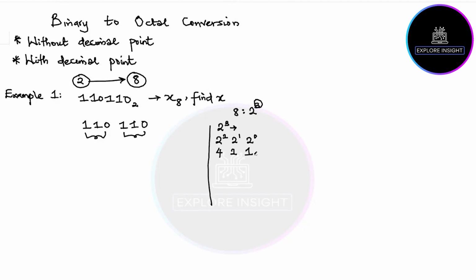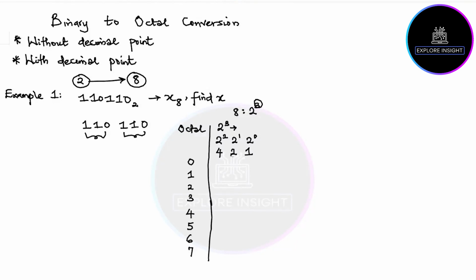When we sum this up, it's going to give us 7. And in the octal system, 7 is the maximum digit found. In order to explore the values in the octal number system, which is 0 to 7, we are going to convert all these to binary. So we have 0, 1, 2, 3, 4, 5, 6, 7, which is the highest value.